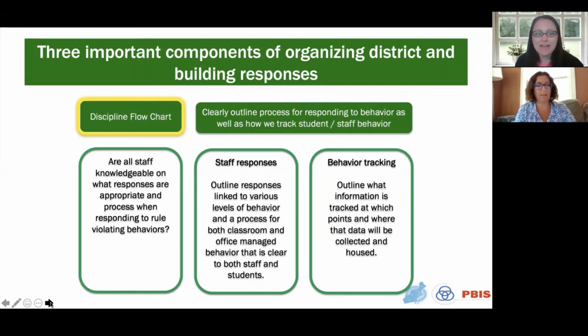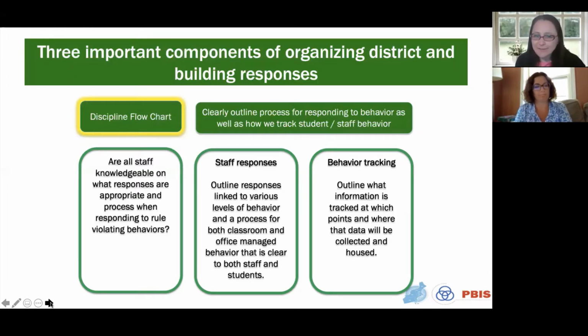So that's not exactly right. We want to have consistent protocols for addressing and responding to the concerning behavior, and we really do want to come to consensus with staff about how to respond and around those behavior definitions as we discussed in part 1. But we also want to recognize that we need to have some flexibility based on the needs and abilities of individual students.